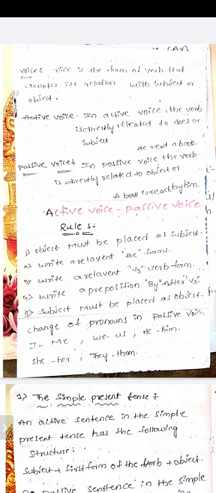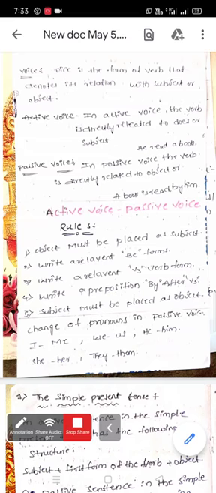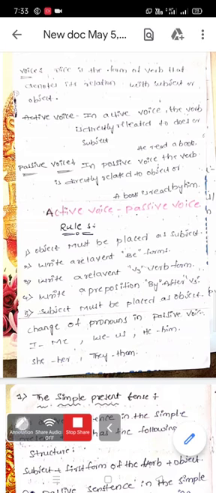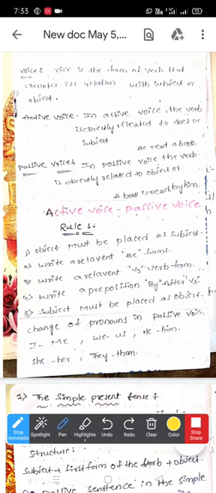What is the meaning of voice? We are saying active and passive. Voice is the form of verb that denotes its relation with a subject or object.